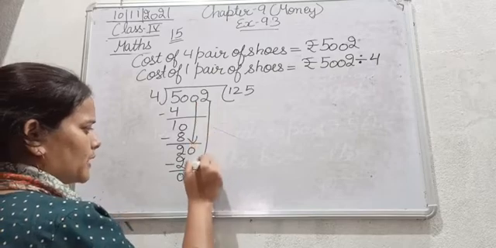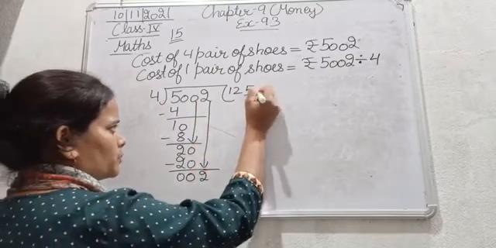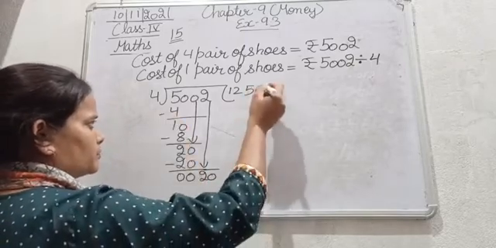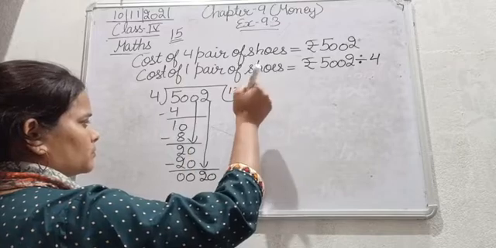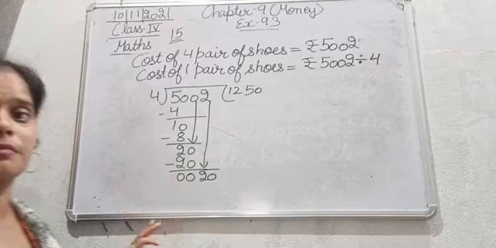Now the 2 is left, so you can put a 0 and increase a 0. Just a minute.